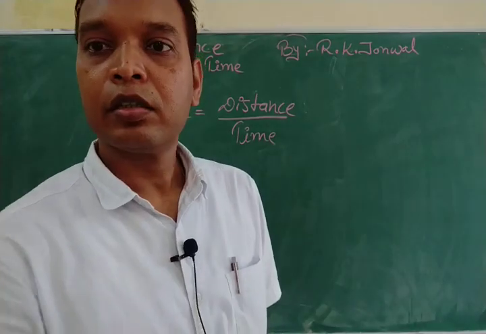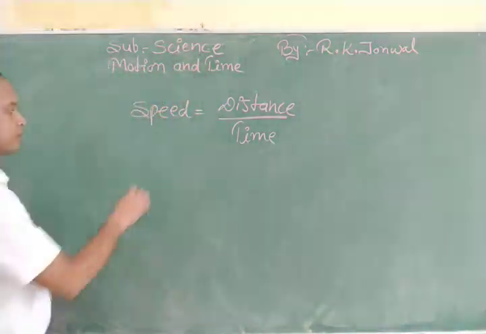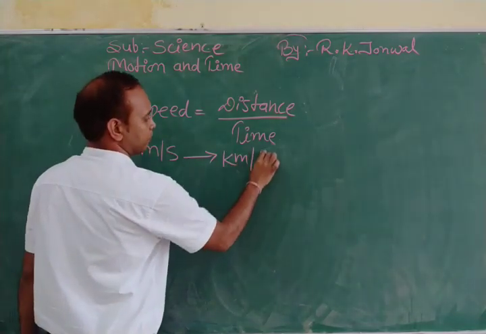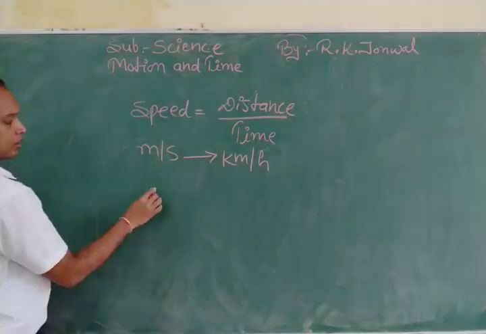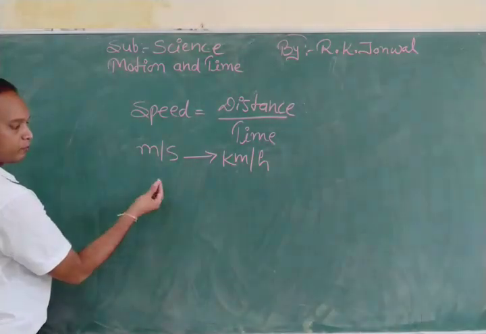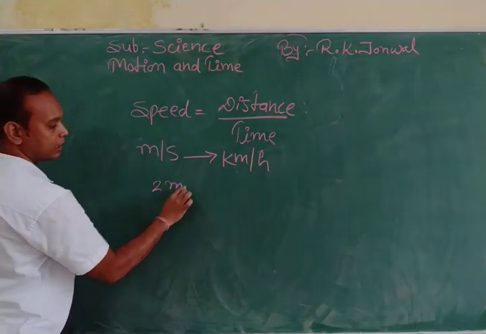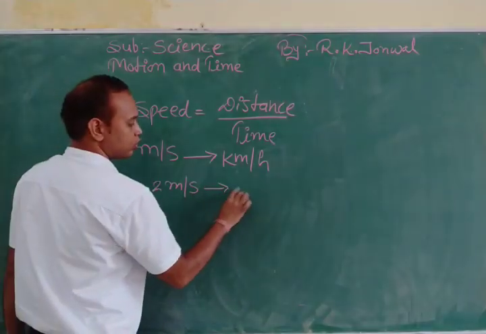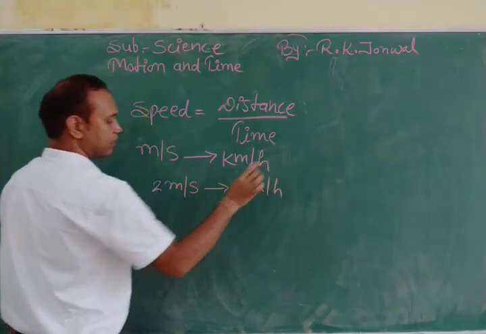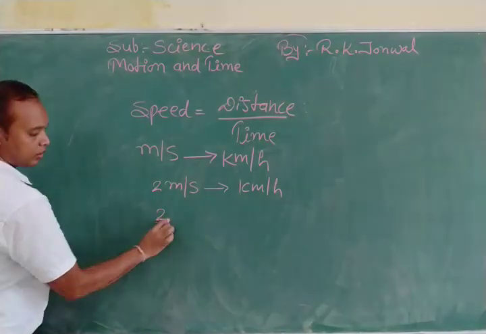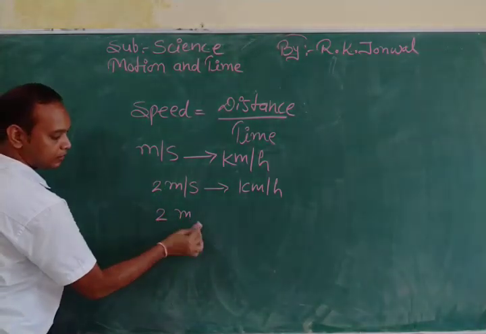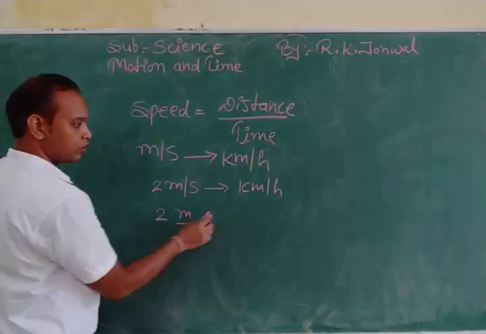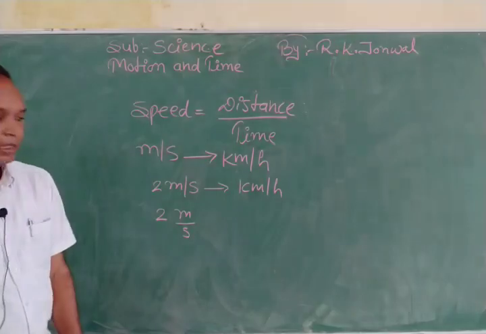Okay students, if you also want to convert meter per second into kilometer per hour, you can take any value, like 2 meter per second, and we want to change this 2 meter per second into kilometer per hour. Then what can we do? Now we know in 1 kilometer there are 1000 meters.